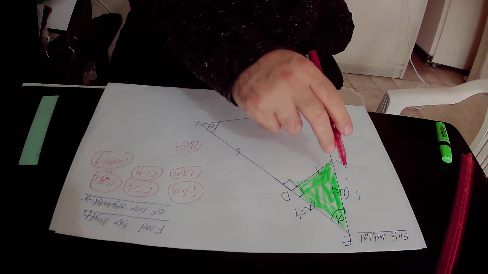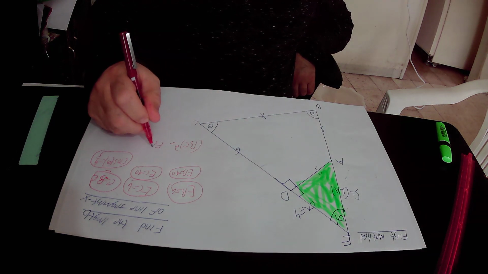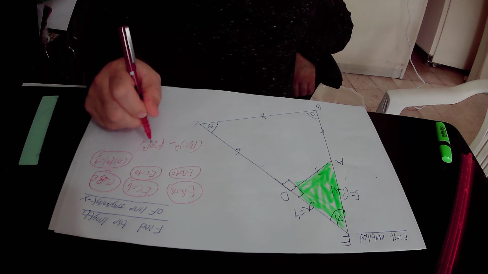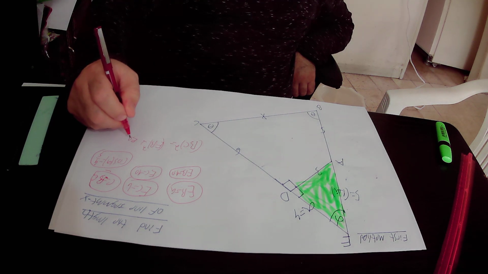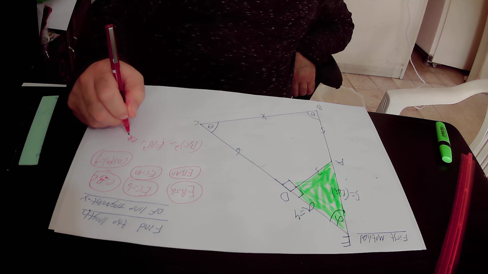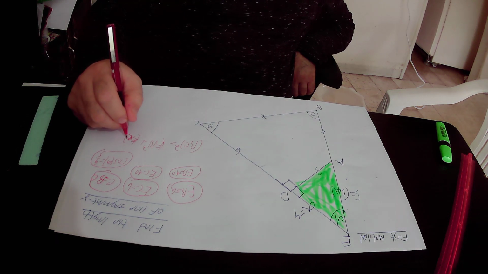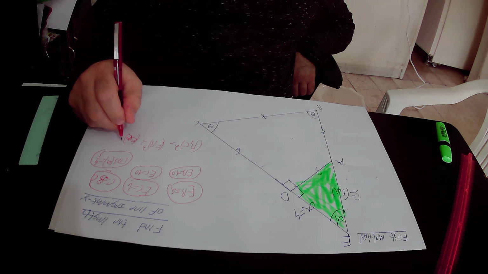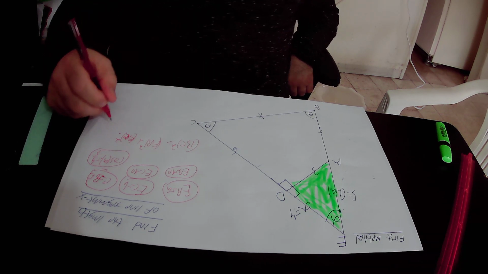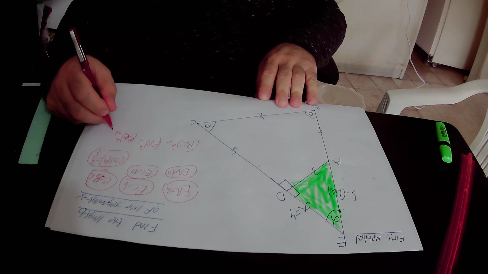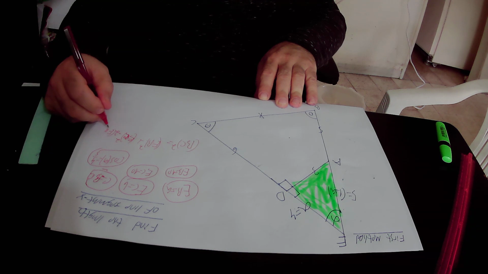And it is equal to a square, that is EB square, plus b square, that is actually EC square, minus 2 times EB times EC times cosine alpha.